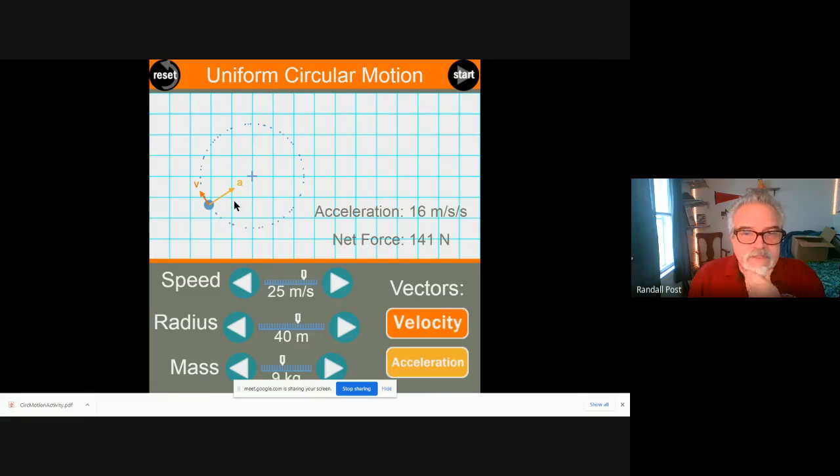Always, always, always in the same direction as the force. And also note the shape. Wherever I am, my speed is to the side. We call that tangent to the circle. And acceleration is into the center. Okay, into the center always. And velocity to the side. And so on.